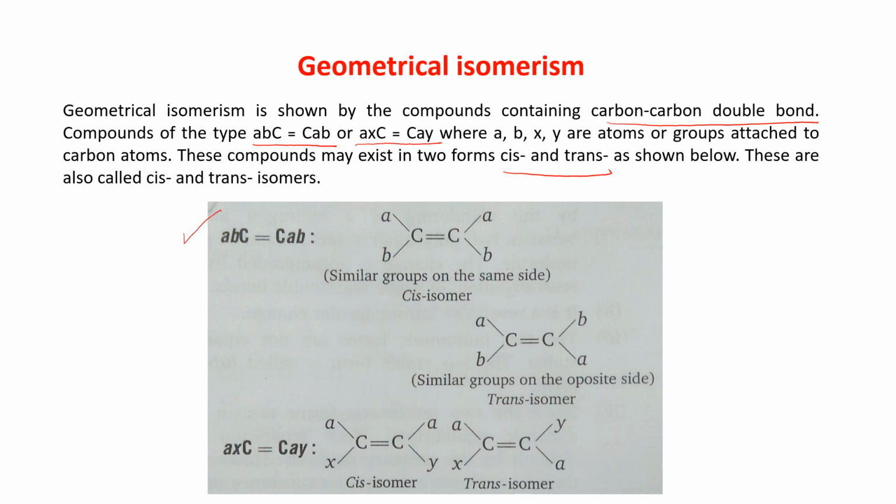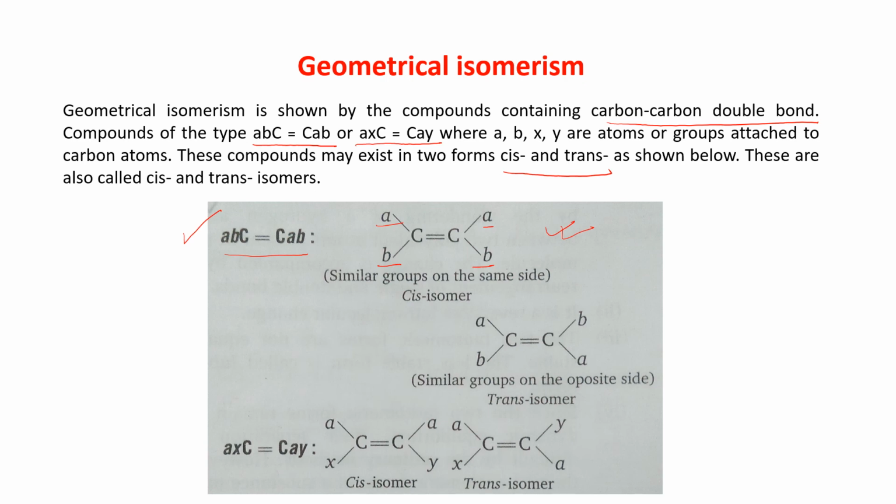See the first example, ABC=CAB, this type. Now we can write it in two different forms, where A and A will be on the same side of the carbon atom, and B and B are also on the same side of the carbon atom. These are the groups.